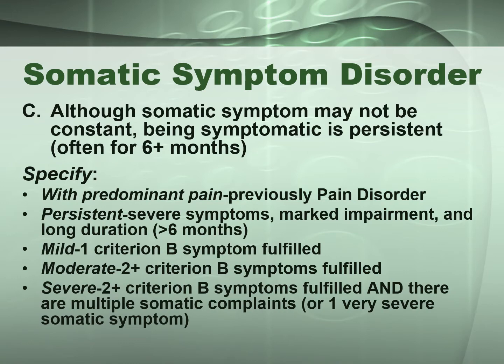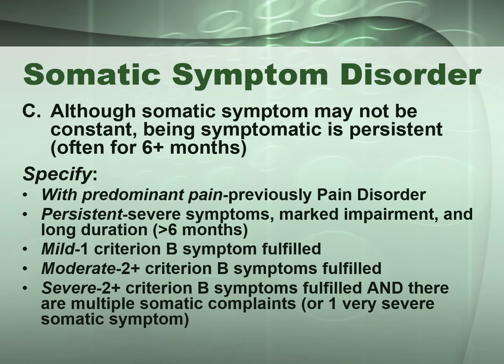So one, we would list persistent, and persistent refers to there being severe symptoms, marked impairment, and a long duration. So at this point, they've gone over that 6-month period. And severity is rated by those criterion B symptoms from our last slide. It would be deemed mild if they only have one of those symptoms, moderate if they have 2 of those symptoms, and severe if they have 2 of those symptoms and there are multiple complaints, or one symptom that is very, very severe.